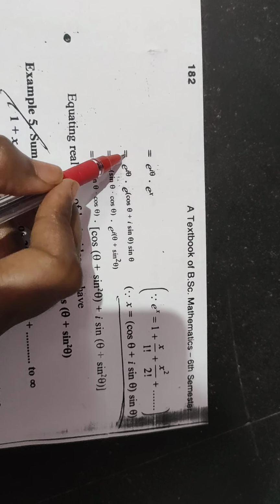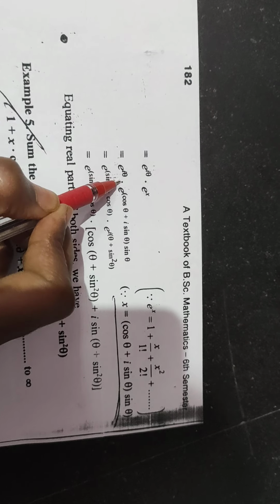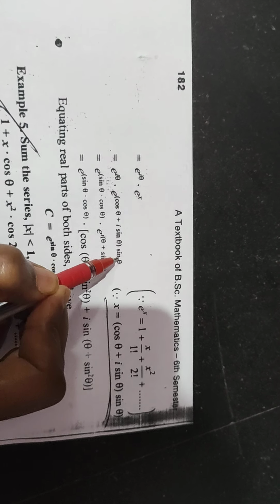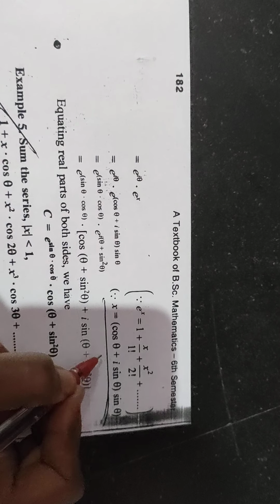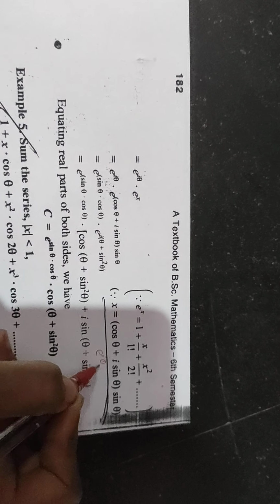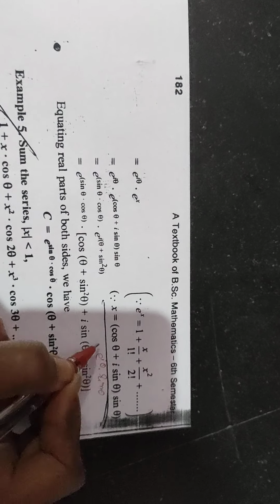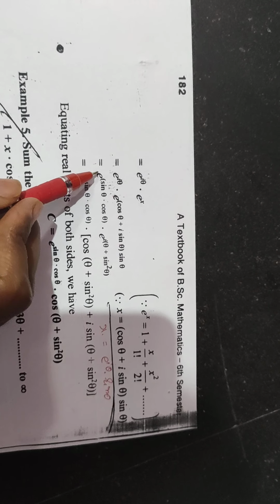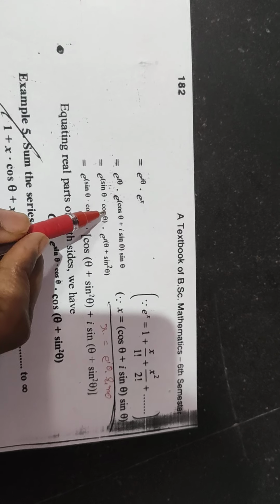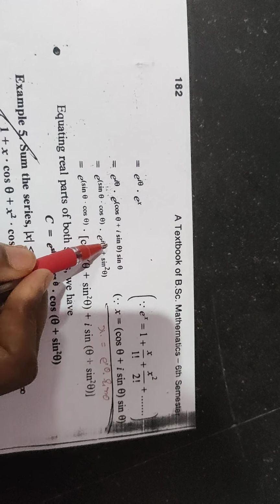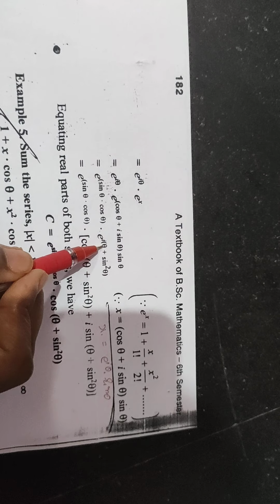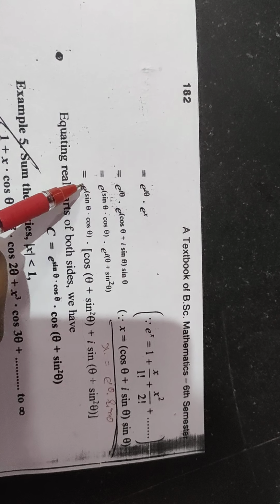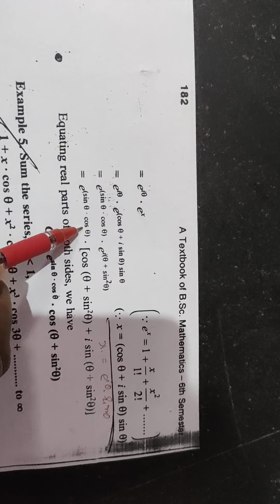Therefore this value is equal to e power i theta into e power cos theta plus i sin theta into sin theta. So this is equal to e power sin theta cos theta into e power i times theta plus sin square theta.